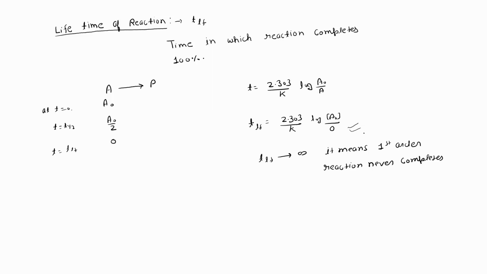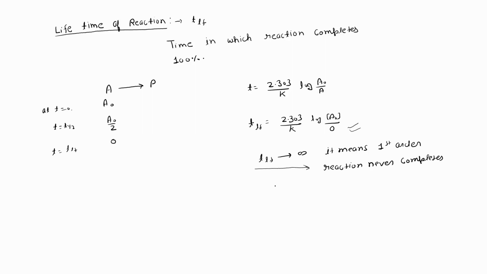We have done some math behind it, and from the mathematics it comes out that if any reaction truly follows the first order kinetics, it will never complete to 100%, or it will take infinite time to convert 100%. But in reality, every reaction will not actually follow the first order kinetics. It is a mixture of something.